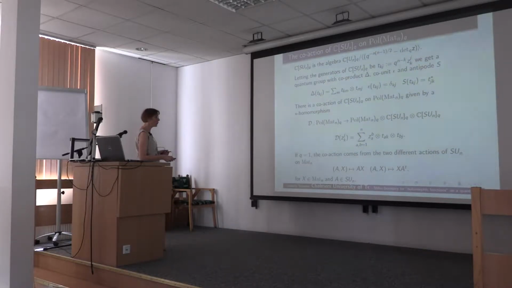If q is equal to 1, this coaction comes from two different actions of SU_n on the algebra of matrices: the left multiplication, and the right multiplication by the transposed matrix for A in SU_n.